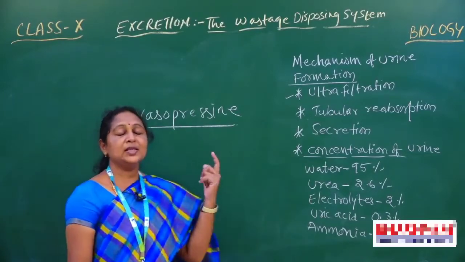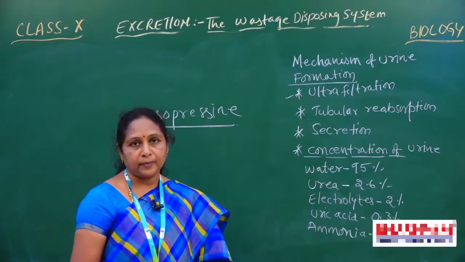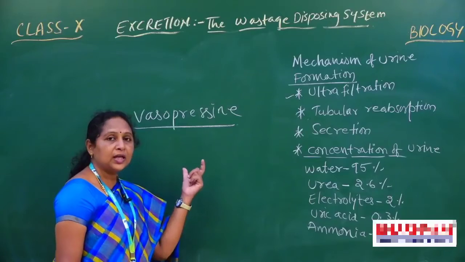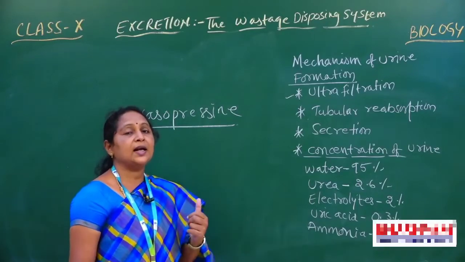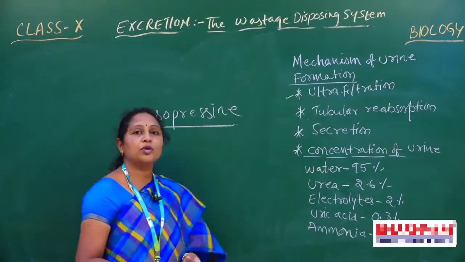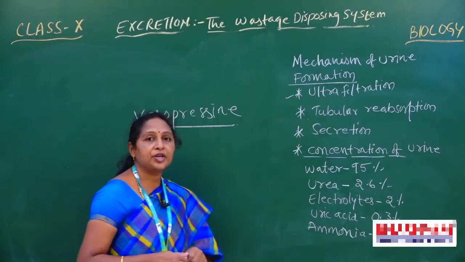This vasopressin hormone is released by our pituitary gland, which is located in the brain. When the signals from the pituitary gland are received by your nephrons, then this hormone is produced. This hormone helps to maintain the concentration of urine.